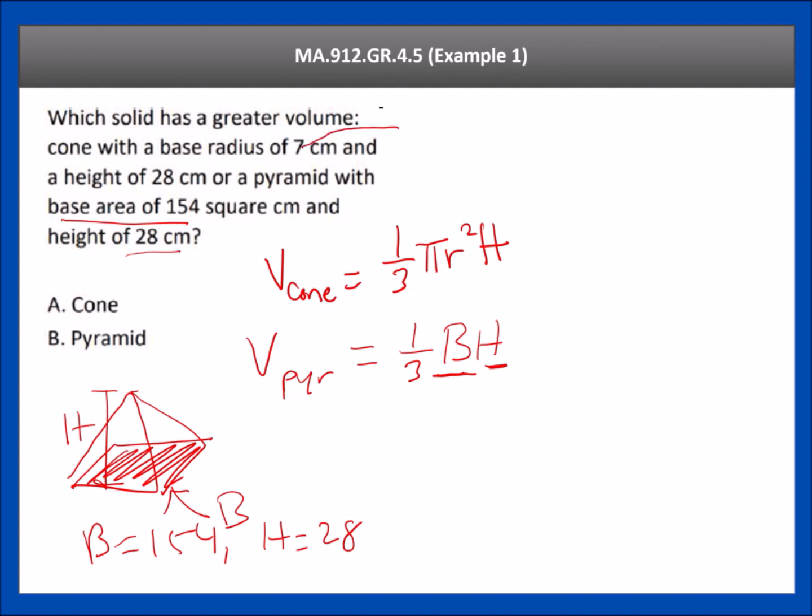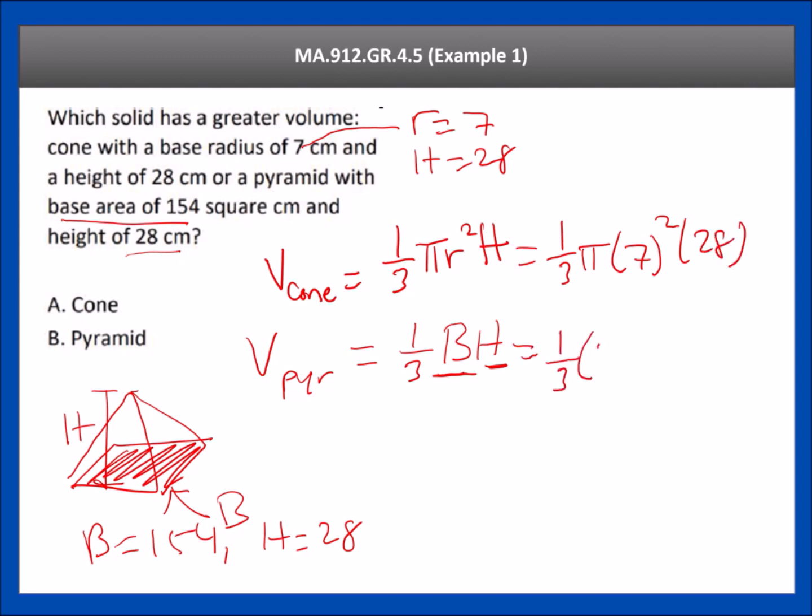Now in the cone, they're saying that the radius is 7 and the height is 28, okay? So the height for both of them is 28. All right, so we got 1/3 times pi times radius squared times height. And then for the pyramid, 1/3 times 154 times 28. Then you just got to compare it to see which one's biggest. So you get 1/3 times pi times 49 times 28. Let me just figure out what that is. We'll do it all in the calculator.